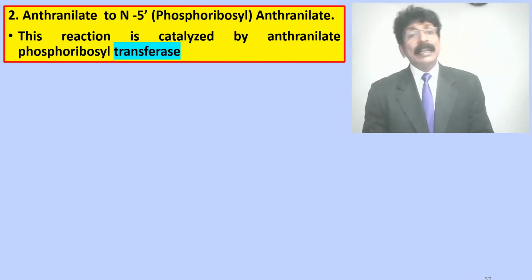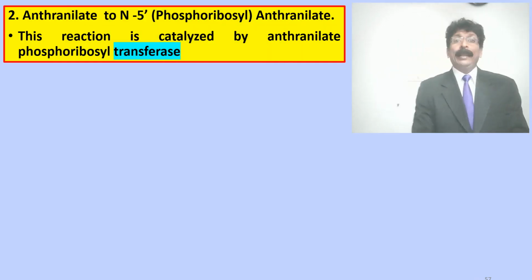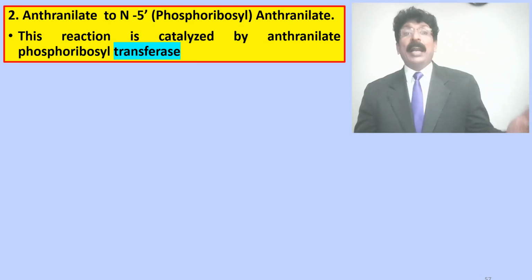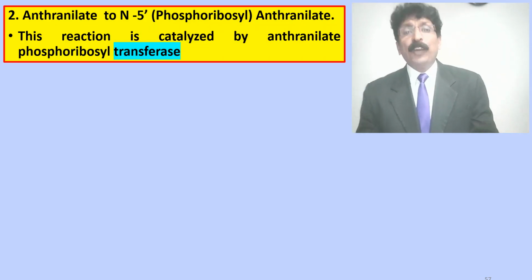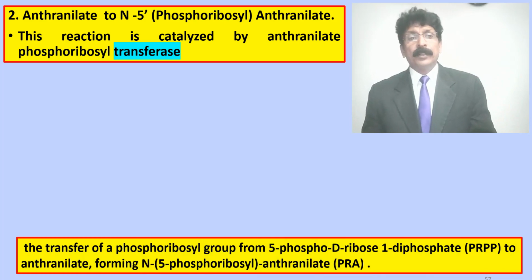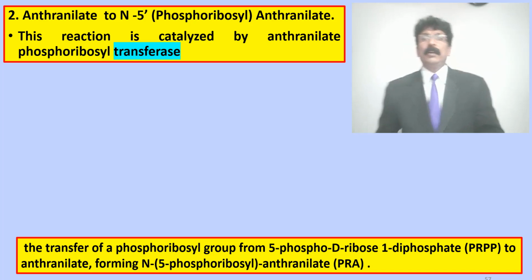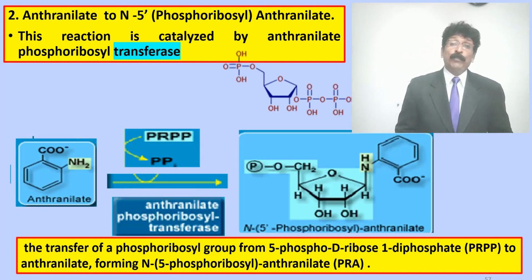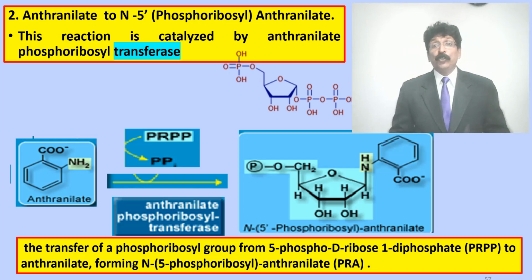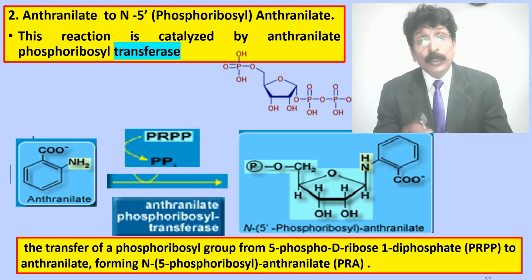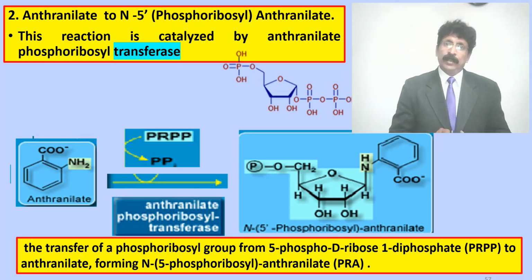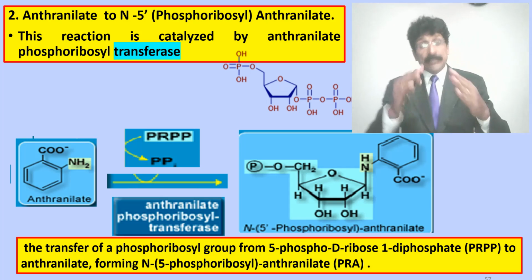And in the second step you can see here anthranilate is converted into N5-phosphoribosyl anthranilate. So we are adding a phosphoribosyl compound, catalyzed by the enzyme anthranilate phosphoribosyl transferase. You can see this carbon atom, 1, 2, 3, 4 carbon atom, a 5-membered ring structure as shown, a cyclized ring.